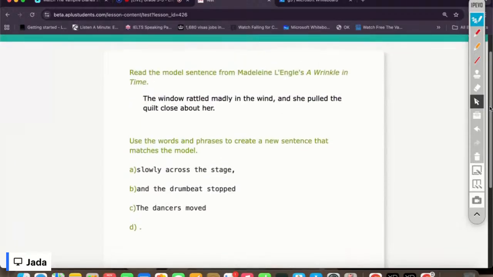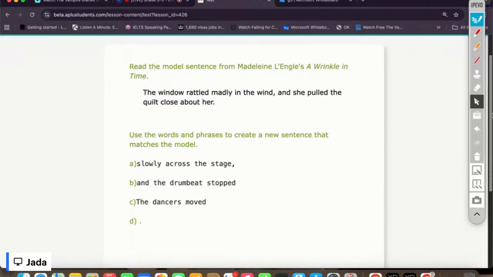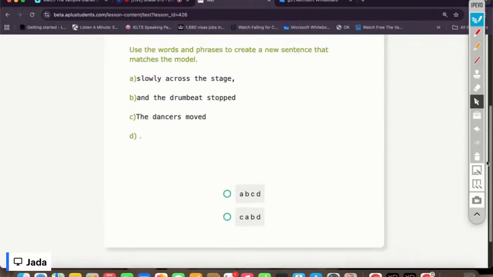Then the window rattled madly in the wind and she pulled the quilts close about her. Is it the first or second?